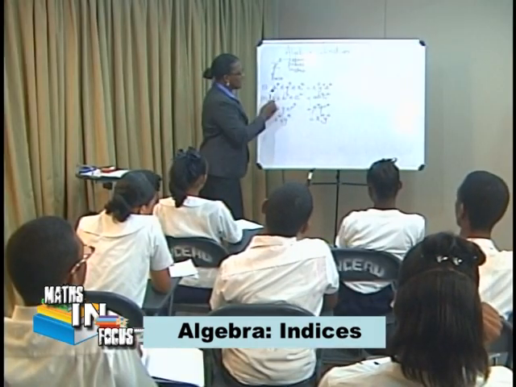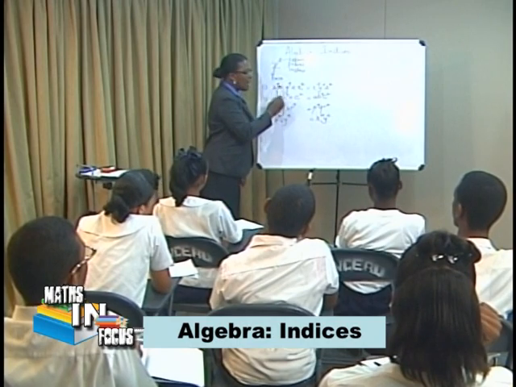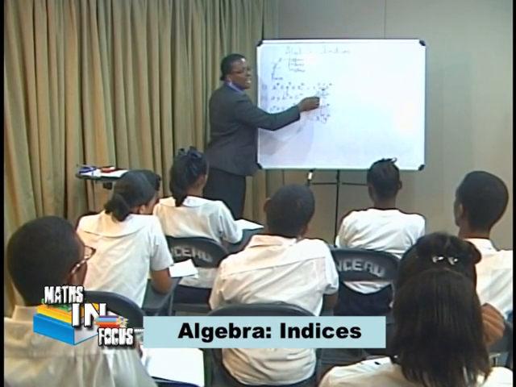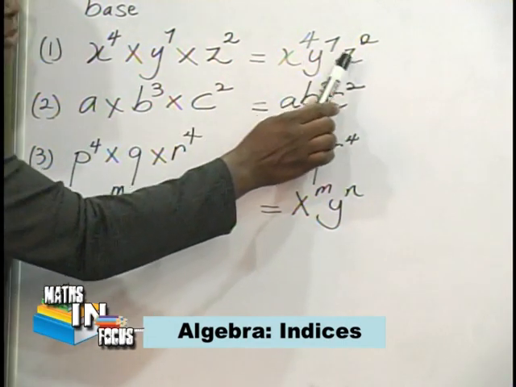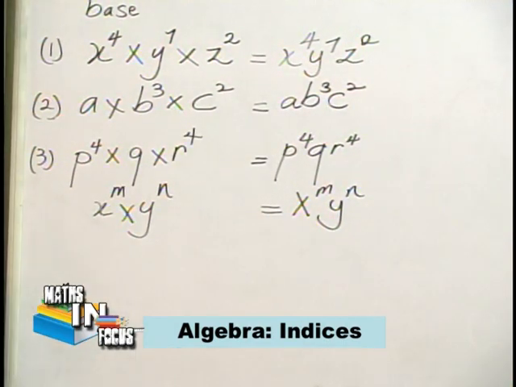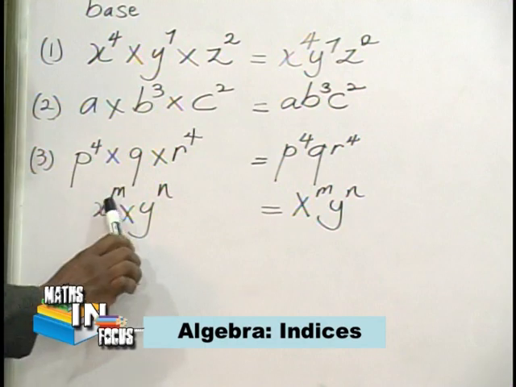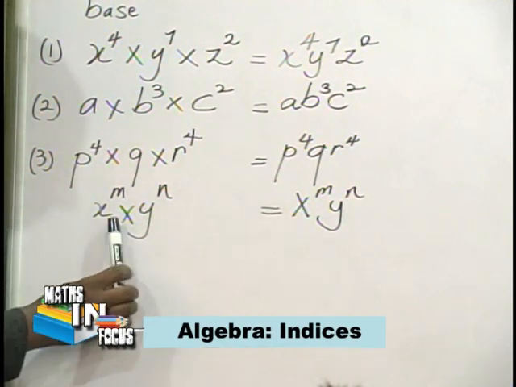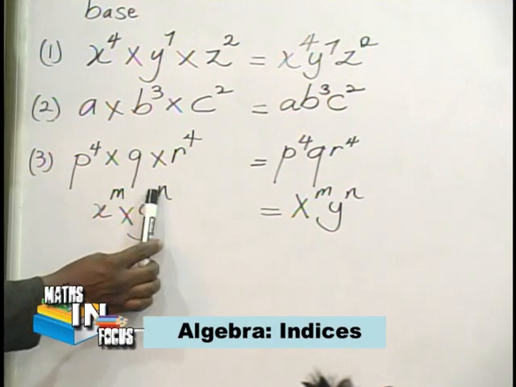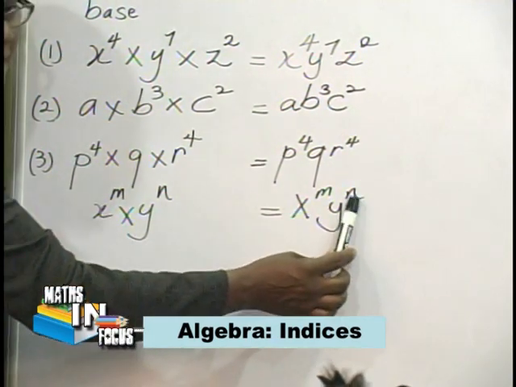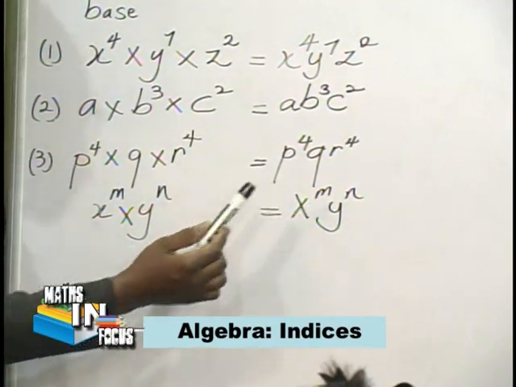As long as the terms are not alike, we can't simplify them any further. They have to stay separate. So in your book, put in the generalization: when the bases are different and we're multiplying, everything is retained. We only ignore the sign here.